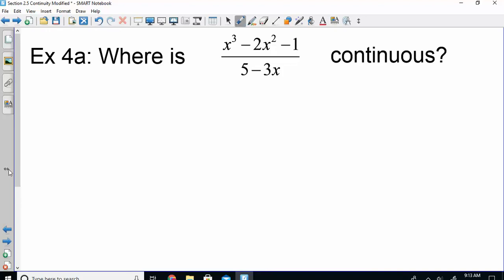Where would I have a problem with this one? It's a fraction, what do we have to worry about? I need to know what would make the bottom equal 0.